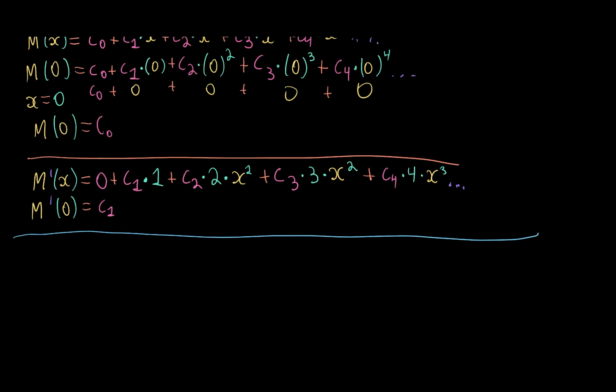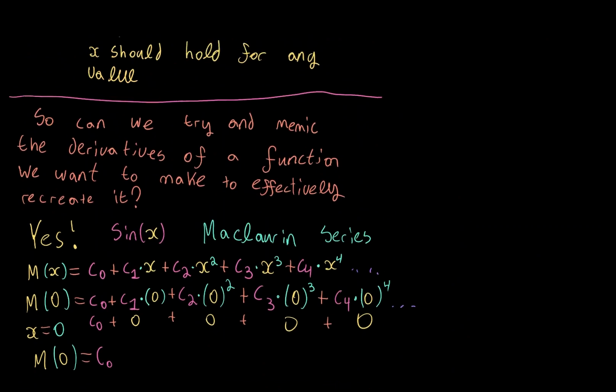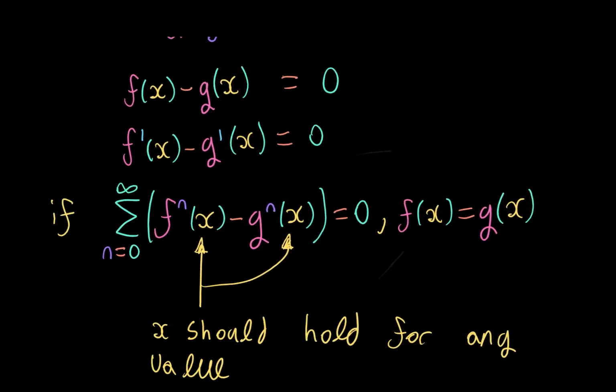So let's say f of x is equal to sine of x. This is the function we want to mimic. Let's mimic all its derivatives as we said in this rule right here.